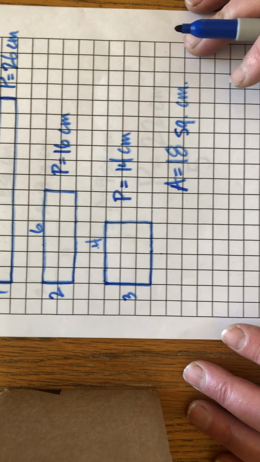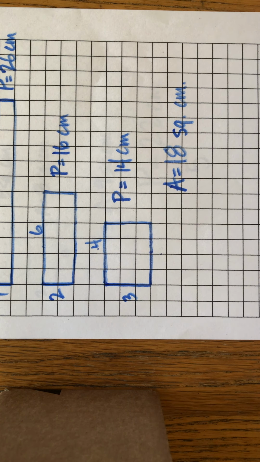Now, I have also included in the lesson a link to a website where you can play a game where the computer gives you a certain area and perimeter, and you have to build online a shape. It's not necessarily a rectangle, but a shape that matches that area and perimeter.